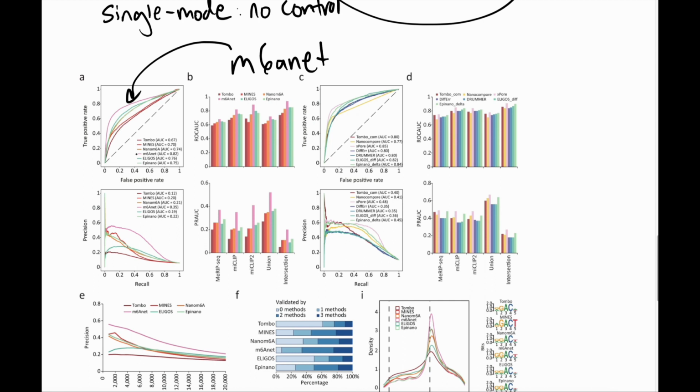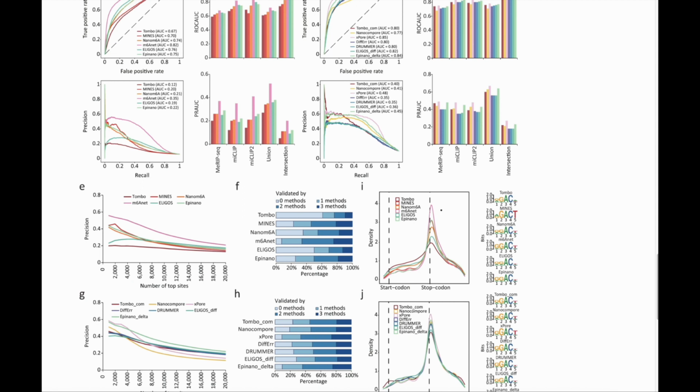The tools that had higher precision, such as m6a net, also had a higher enrichment around the stop codon for m6a modifications, which basically corresponds with biological presuppositions and the role of m6a modifications in RNA metabolism.